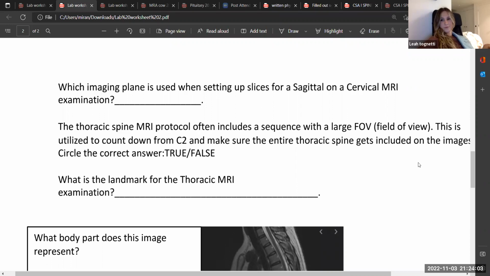Coronal. Exactly. If we're doing a sagittal scan, we're cutting the body into a left and right portion, scanning from the left to right of that anatomy. So we have to be able to see all of the bony anatomy from left to right to make sure we're covering it. So yes, we will set up slices on the coronal.